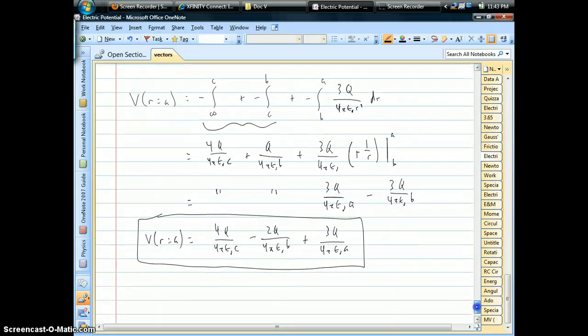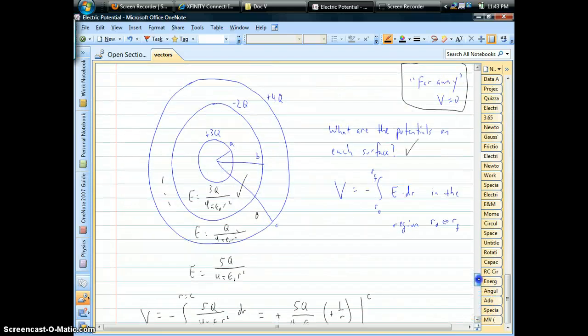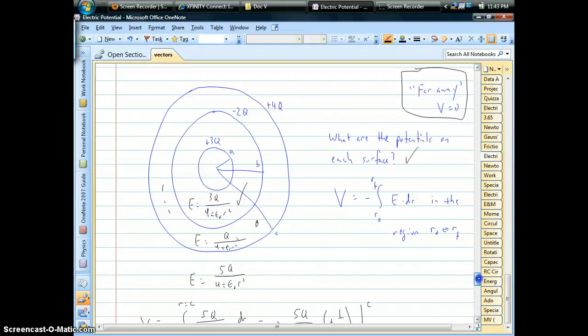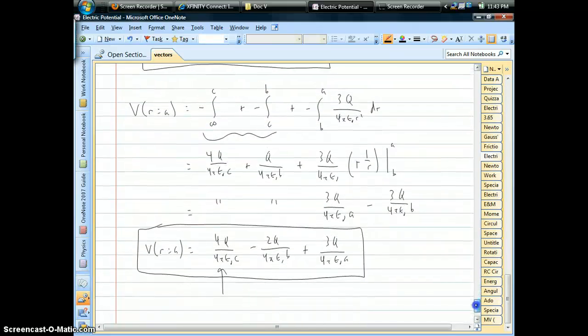One thing to note here, this first term, if you look at that individually, that's the voltage that we'd have if we just had the outer shell. The charge is positive 4q and the radius is c. That's basically our kq over r right there. The second term, what is that?